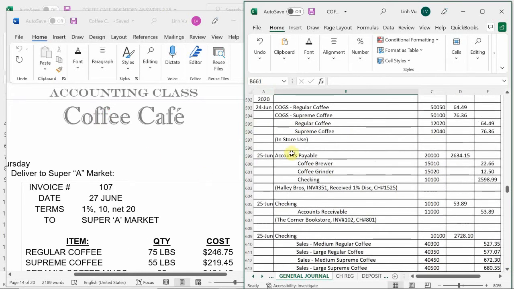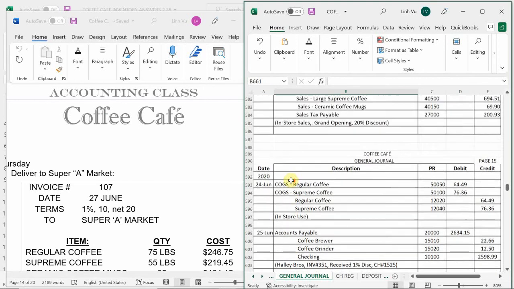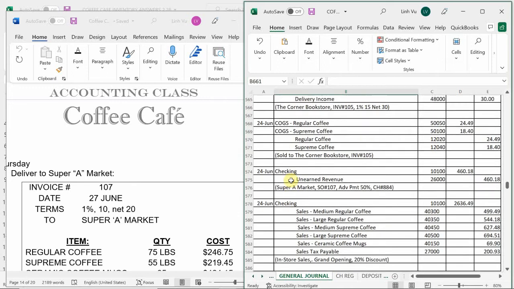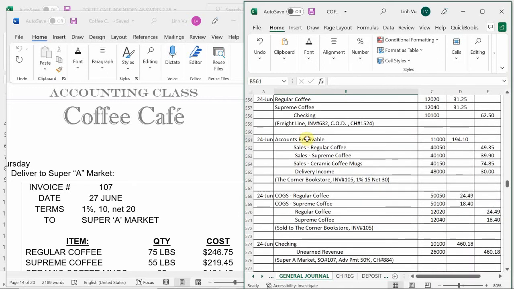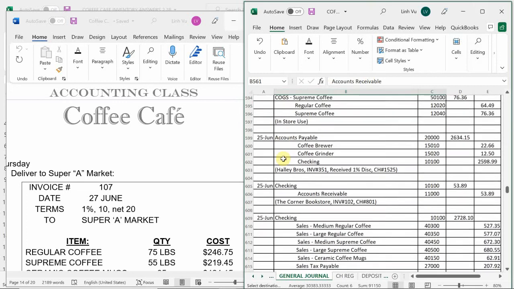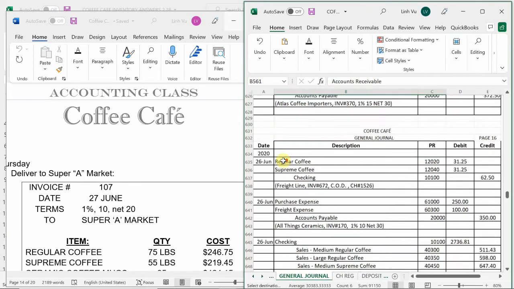Okay, so you're going to get the account receivable. Okay, so account receivable sales for the coffee, right? This person did not purchase any, they did not purchase any ceramic coffee mugs, so I'm only going to copy half that journal there.